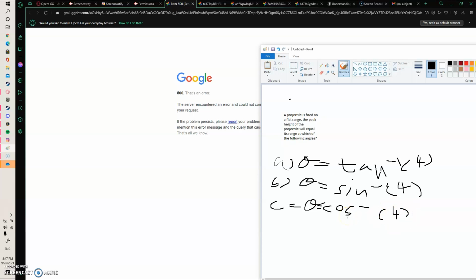There are a few more answer options, but they're all similar to this: an inverse trig function and then a value.